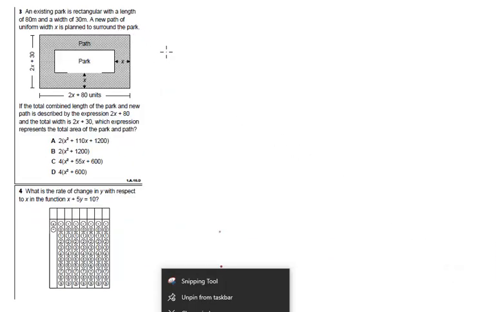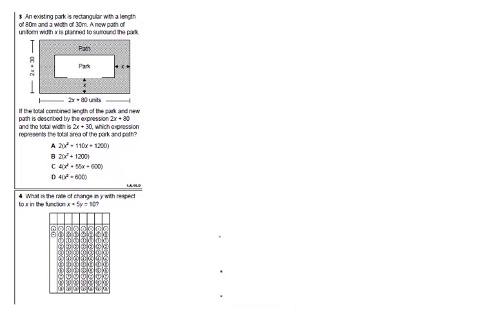In number 3, we're supposed to find the total area of the park. Remember that area is equal to length times width. We're given the length and we're given the width. So we need to multiply. So these are going to be multiplying polynomials.